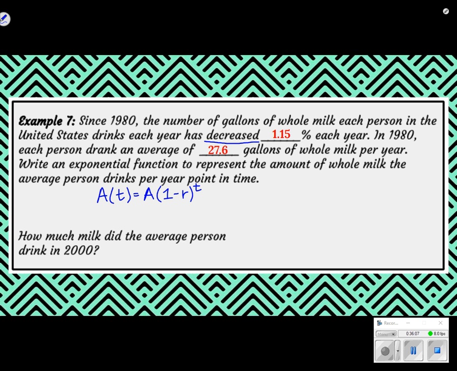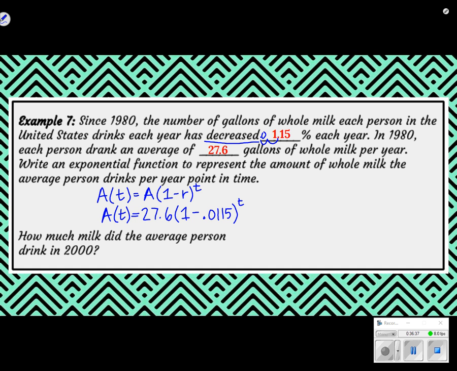We know in 1980 each person is drinking 27.6 gallons. Let's throw our A of t in front. All right, 1 minus, and then we're going to change 1.15 to 0.0115.